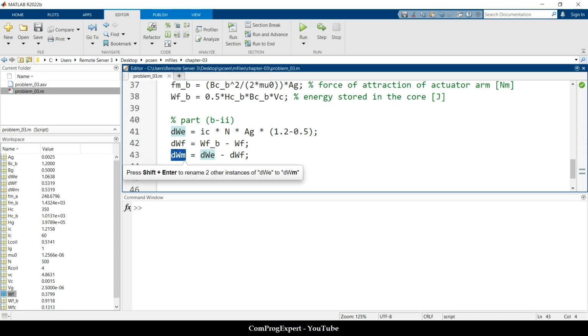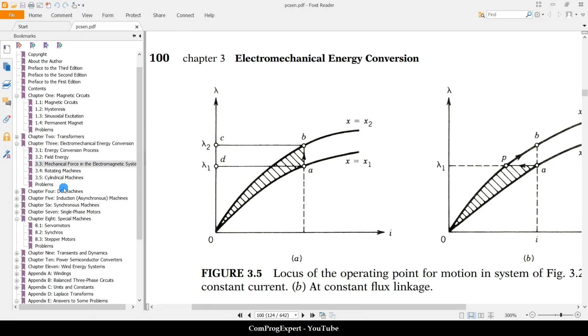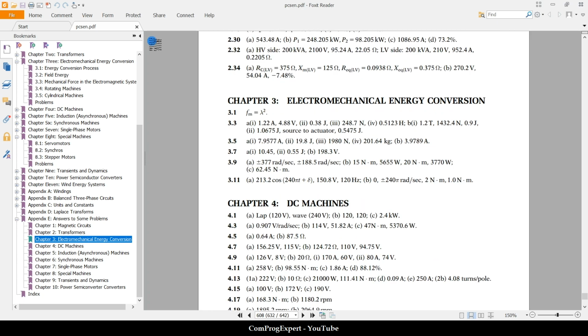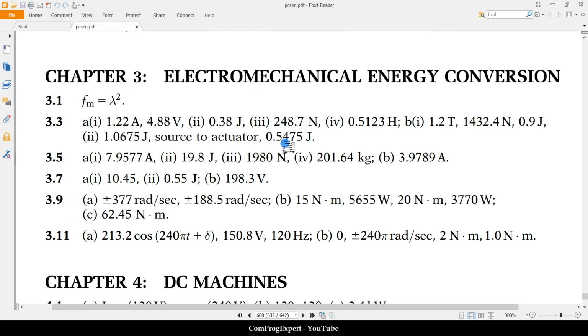So what is the value of the dWm? 0.53. In the reference, let's check the numbers. Here we have this number, 0.54 joule. Okay, so this is dWe.